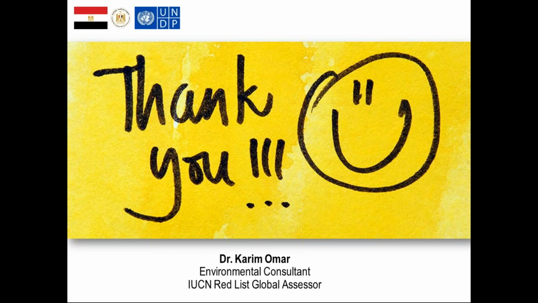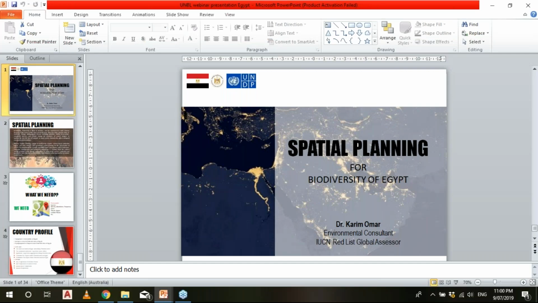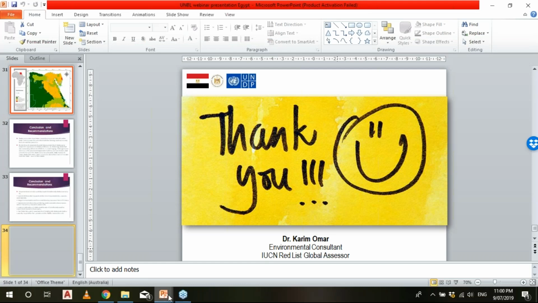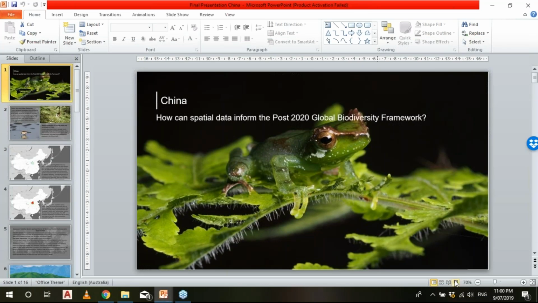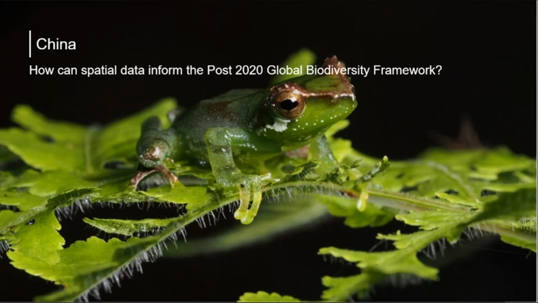So now we are going to hear from our very final speaker for this webinar series, Dr. Dandan Yu, who will be presenting the work done in China. Dan Yu is a researcher at the Nanjing Institute of Environmental Science of the Ministry of Ecology and Environment of China, and her research includes the relationship between biodiversity, ecosystem structures and functions, and ecosystem services, but also the impacts of land use, exotic species, and climate events.